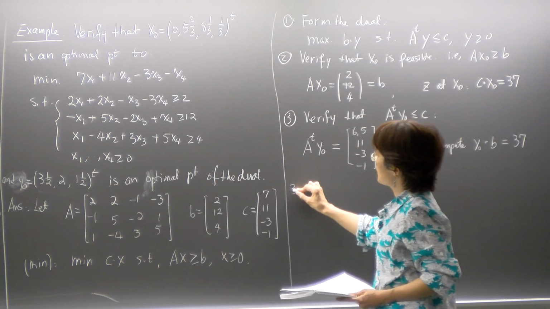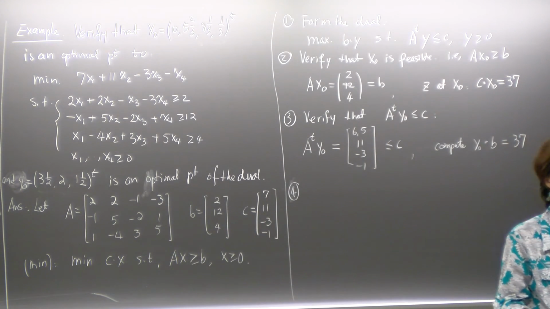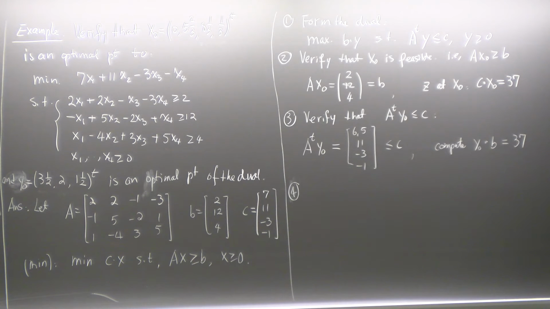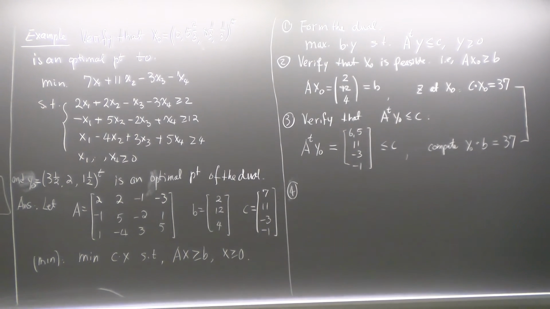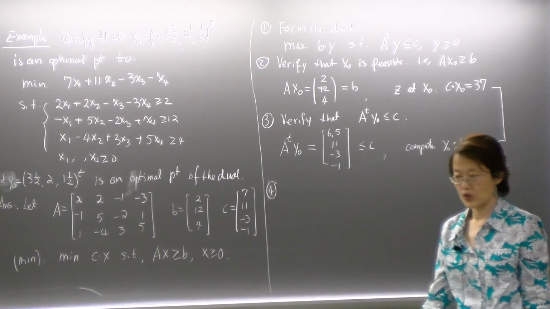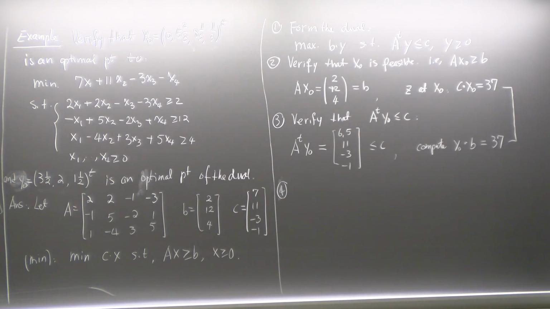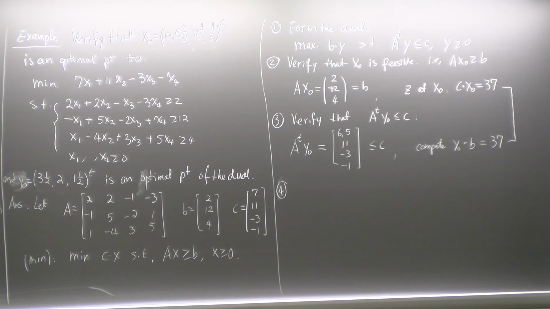What can you conclude by this computation? That's the observation. They attain the same value. Is that right? Which of those theorems that we have covered can be used to conclude something?